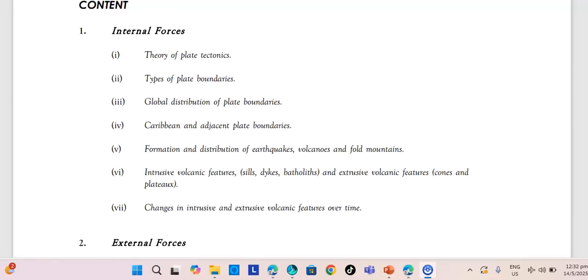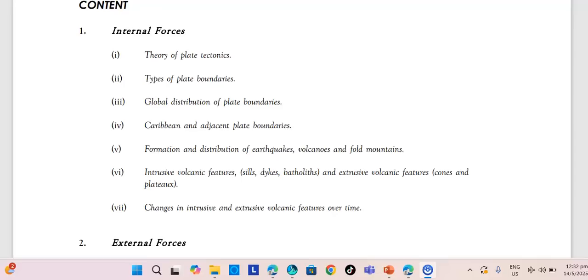The next type of plate boundary that I want you to think about is transform boundaries. Now, for this boundary, I want you to think about sliding side by side. When you think about divergent boundaries, think about pulling apart. When you think about convergent boundaries, think about crashing together.